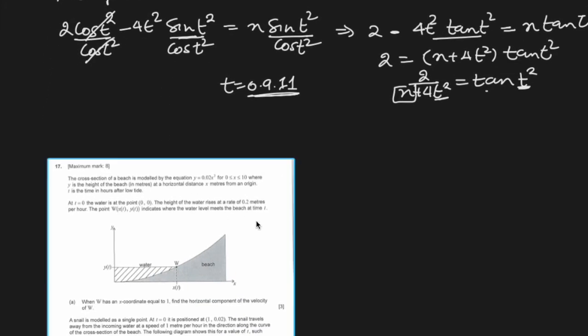Let's move on to question number 17, which is the last question of this exam. The cross section of a beach is modeled by y equal to 0.002x square, where y is the height of the beach in meters at horizontal distance x meters.